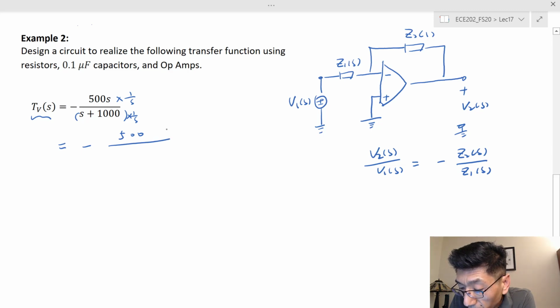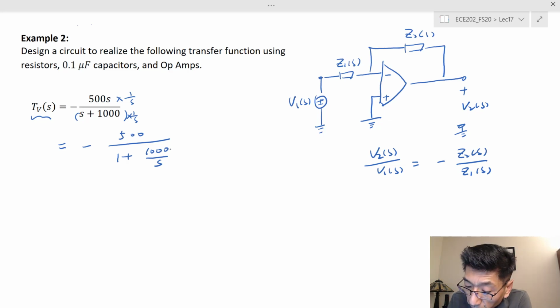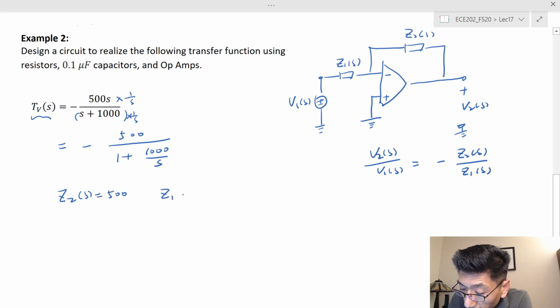On the denominator, we have 1 plus 1,000 over S. So now possibly we can see if we choose Z2(S) equal to 500 and Z1 equal to 1 plus 1,000 over S.